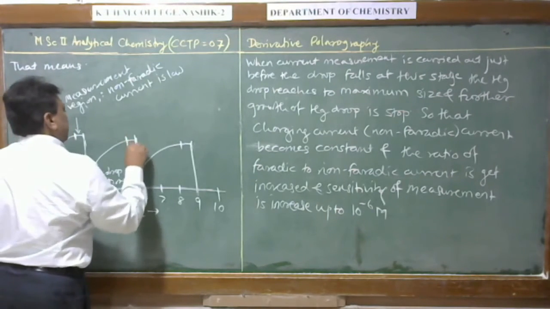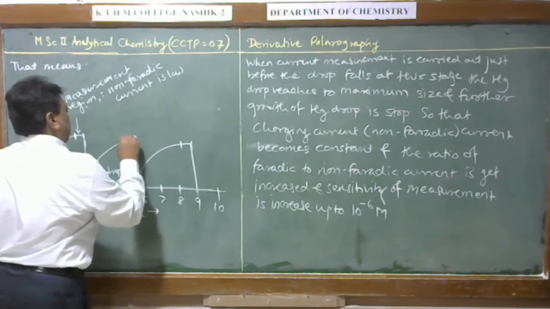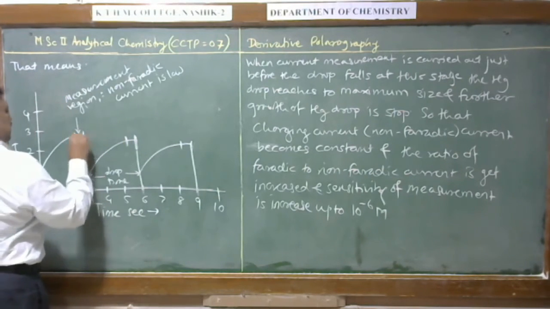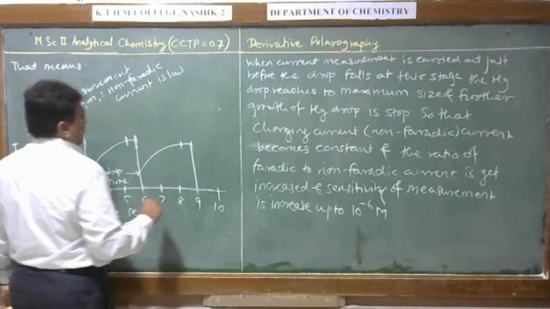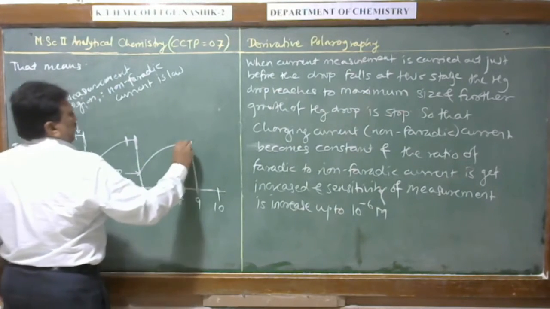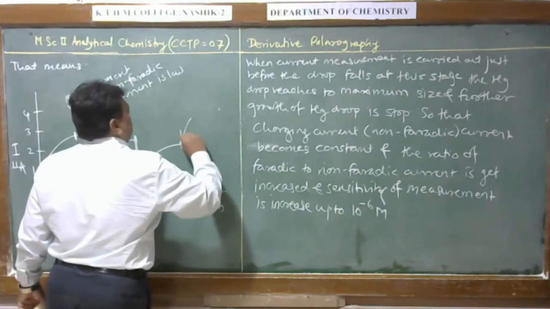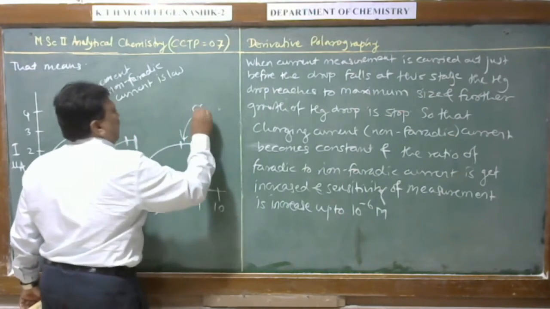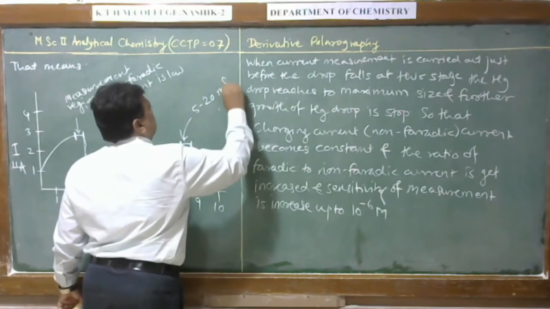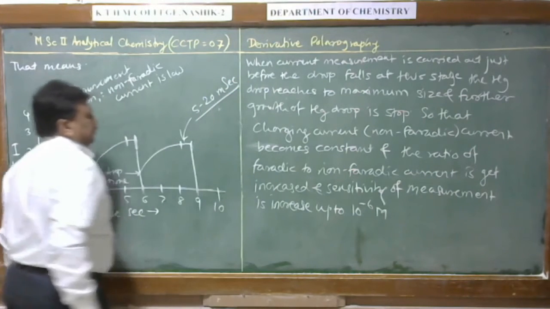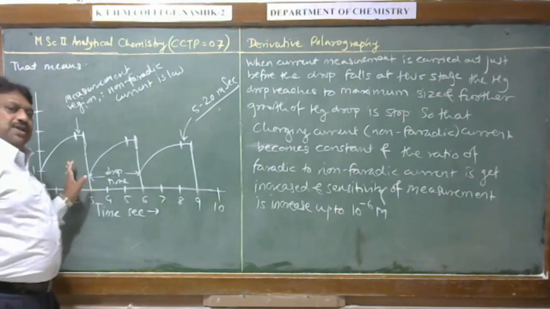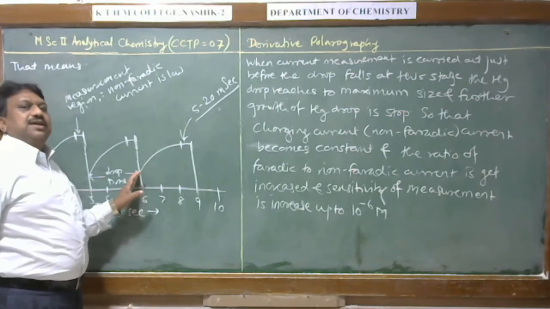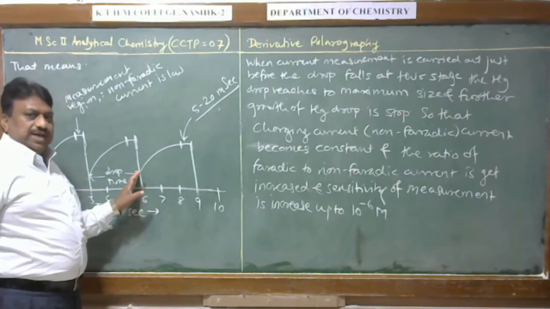Therefore, in this region the non-faradic current becomes constant, and the sensitivity is increased. This current measurement is carried out within 5 to 20 milliseconds. This is the measurement program that is employed in current sampled polarography.